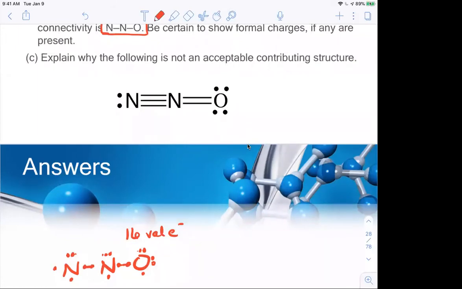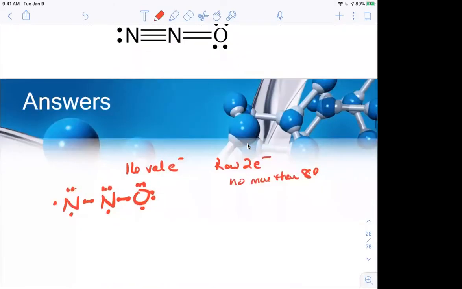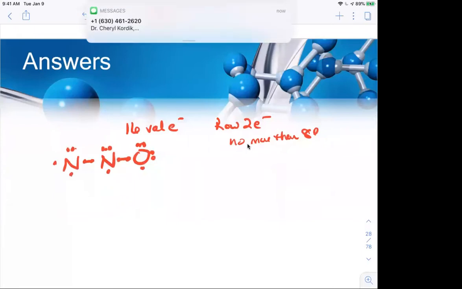Just by taking these normal valence electron configurations, what I have is this to work with, right? These are all row 2 elements, so I can't have more than 8. So when I look at this, let's start playing with it.